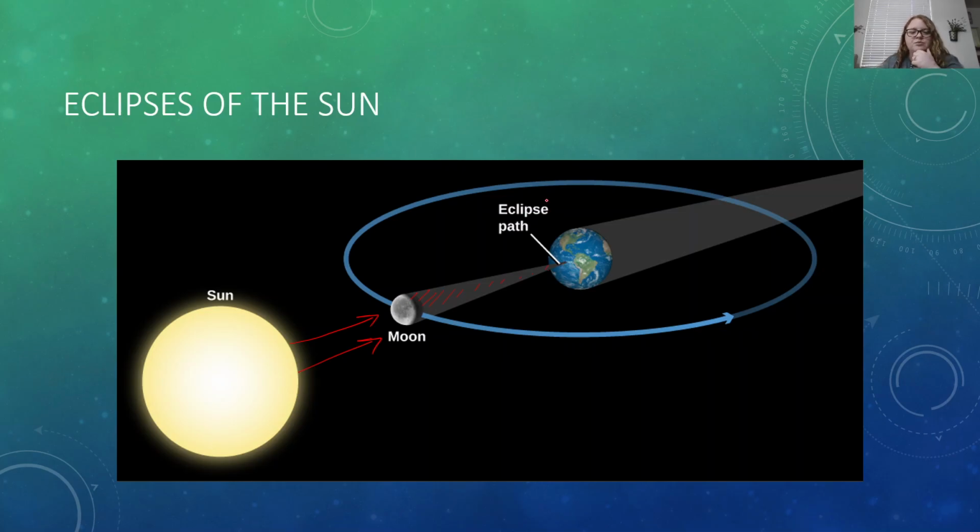Okay, this will be called the eclipse path. Okay, so it won't just stay in one spot, but since we rotate, this will change. Okay, so we can see it maybe in a few different countries. Okay, since it does take time to get out of the eclipse.